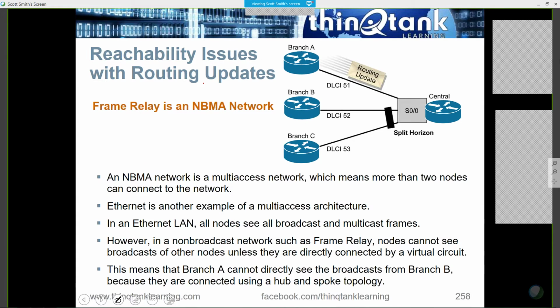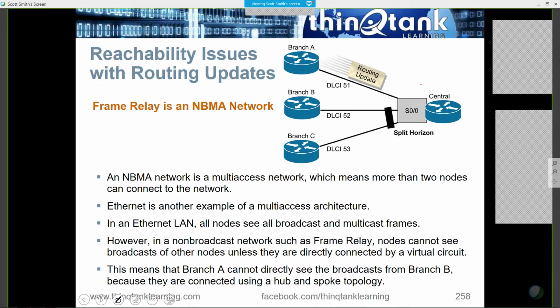All right. Here they're talking about split horizon, where I have a multi-point frame relay configuration. By the way, split horizon only applies to what protocols? Is split horizon common to every single routing protocol? The answer is no. It only applies to distance vector routing protocols.